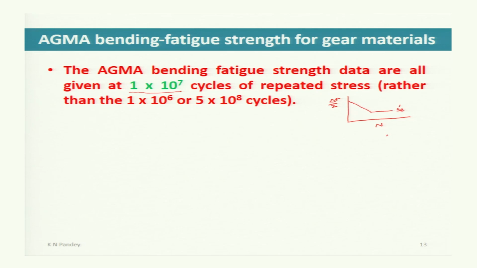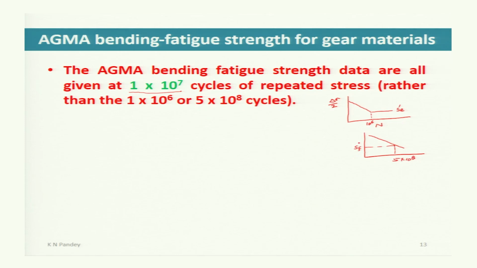Now, this corresponds to 10 to the power 6 number of cycles. For the materials where there is no knee, the stress amplitude corresponding to 5 into 10 to the power 8 number of cycles is taken as the fatigue strength Sf.